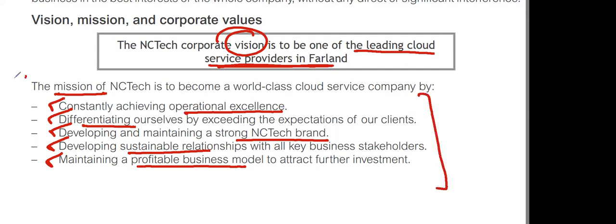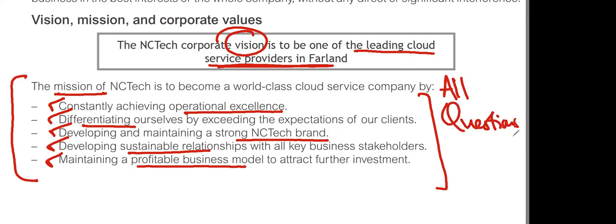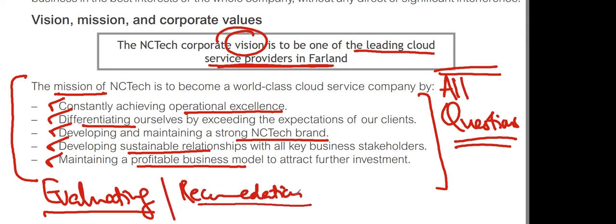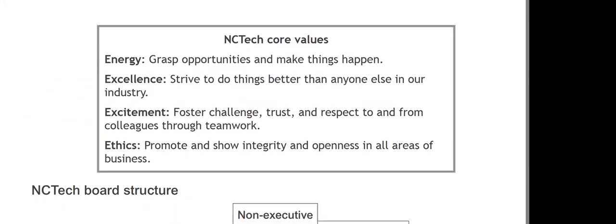Now, these are the aspects that you need to keep in mind when answering any of the questions. For all questions, whenever you would be evaluating something in the paper, whenever you would be giving a recommendation in the paper, please keep in mind that you need to keep the vision, the mission, and the corporate values of NC Tech in mind, right?